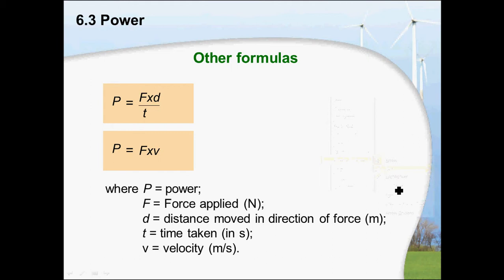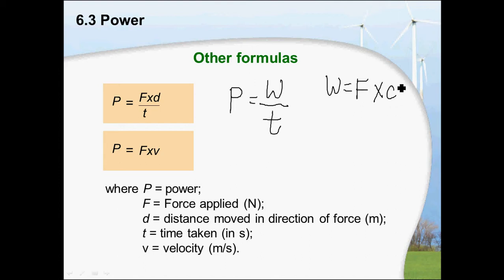As we know, power is equal to work done over time. We know that work done is equal to the force applied multiplied by the distance moved in the direction of the force.